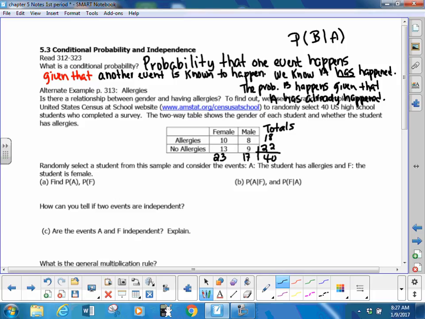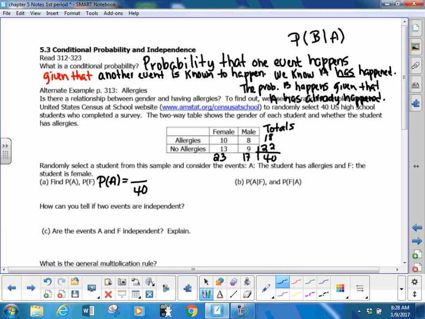So we randomly pull a student out of this sample and we consider the events. We're going to call A, they have allergies, and F, this is a female. So to find the probability that the student has allergies, okay, we have not narrowed our sample size down. We're just reaching in, so we're looking at 40 kids.